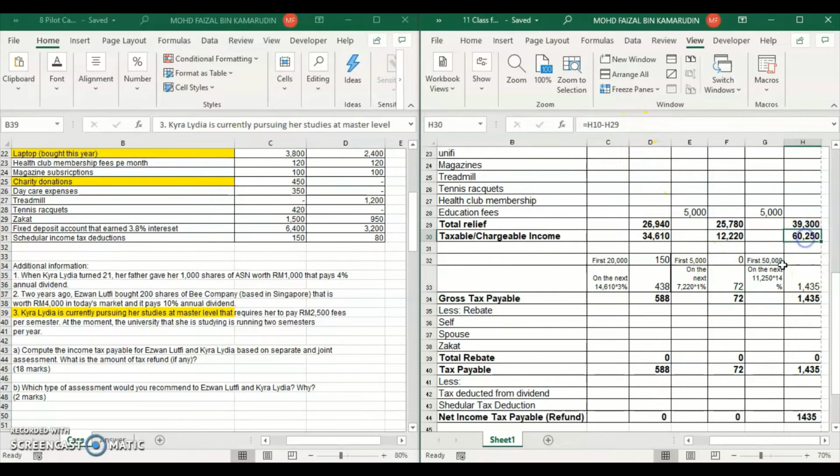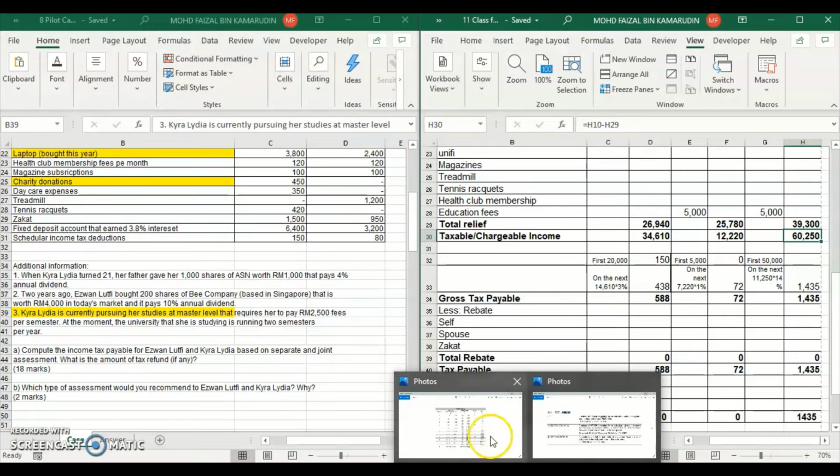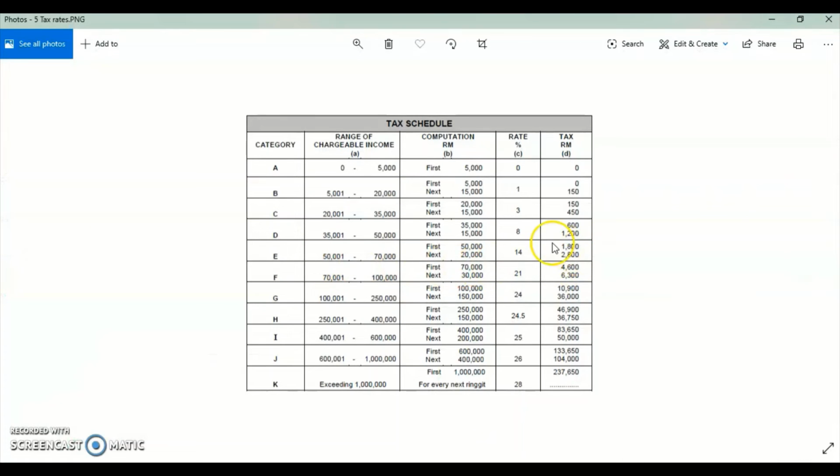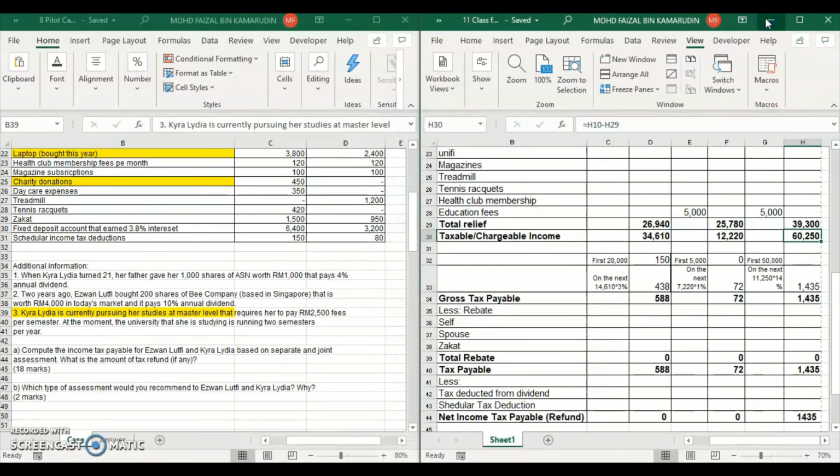And then for this one 60, again just check here, it falls under E category. For the first 50 you take 1800, the remaining you have to times 14%. So 1008 for the first 50, and then the chargeable income minus 50, you times 14%, you get 1435.